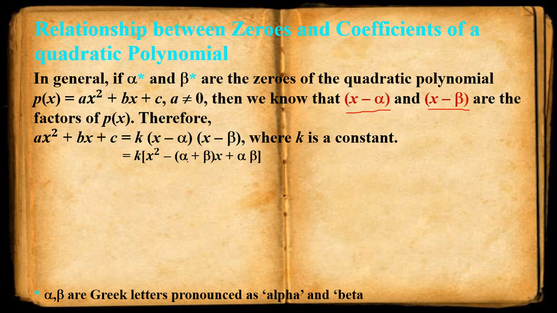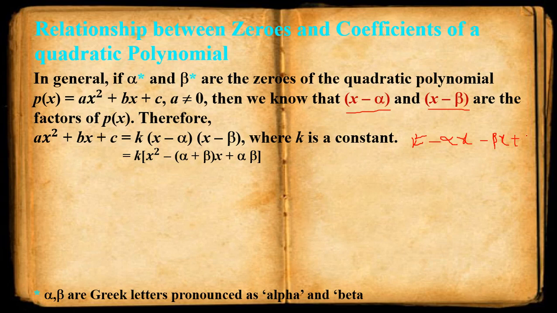In the product we get two terms having the variable x, that is alpha and beta, so we take the common minus sign. When x is multiplied by x, we get x square, and by multiplying it with minus alpha, we get minus alpha x. Then minus beta multiplied by x, we get minus beta x.